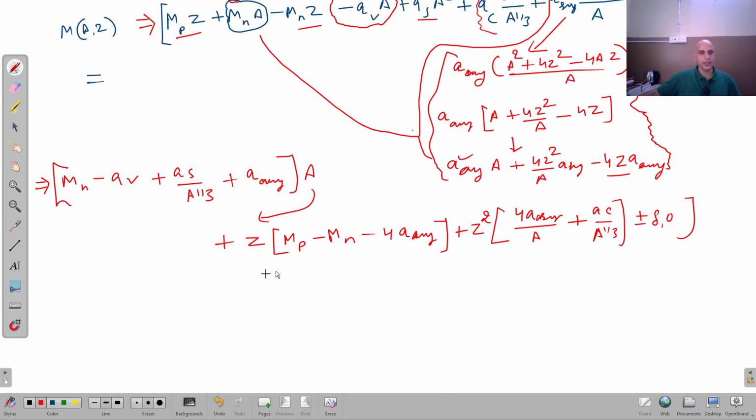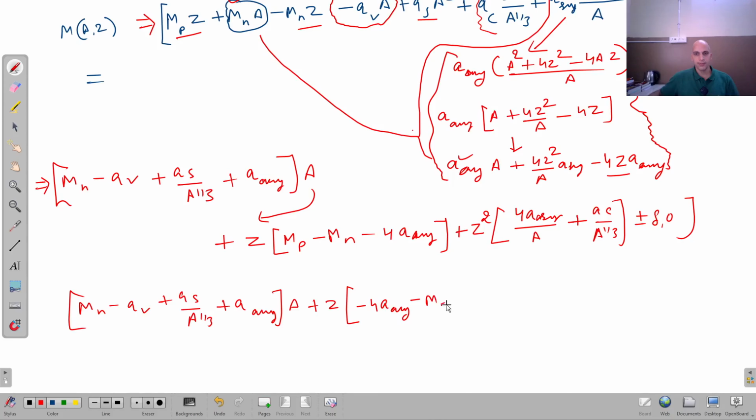Now I can modify this. So then in that case it will become M N minus A B, right, plus A surface power 1 by 3, right, plus A symmetry, plus Z into minus 4 A symmetry minus M N bracket plus it will become minus mass of proton.